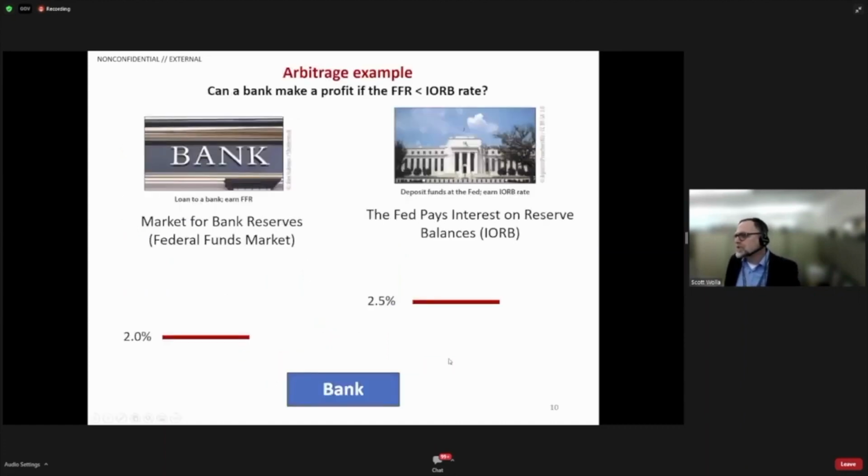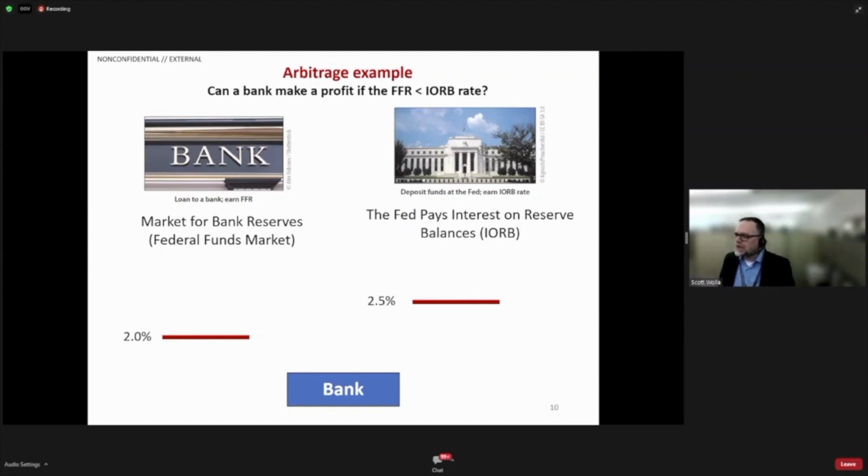So let's talk about how this works when it comes to policy. Here you see two options that banks have for their reserves. Banks can either lend their reserves in the federal funds market, or they can deposit those reserves at the Federal Reserve. If they lend, or borrow in the federal funds market, they receive or pay the federal funds rate. If they deposit funds at the Federal Reserve, they receive the interest on reserve balances rate.